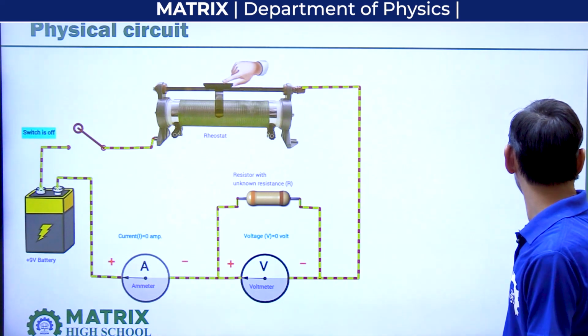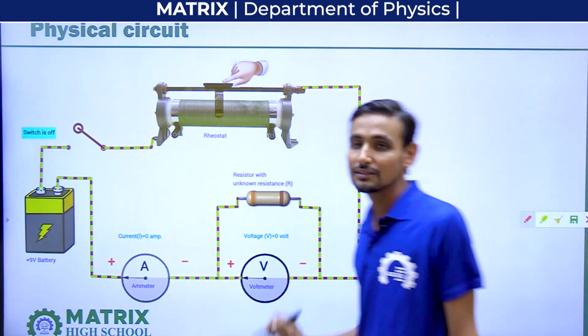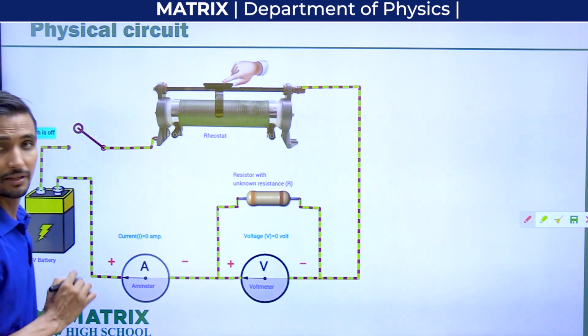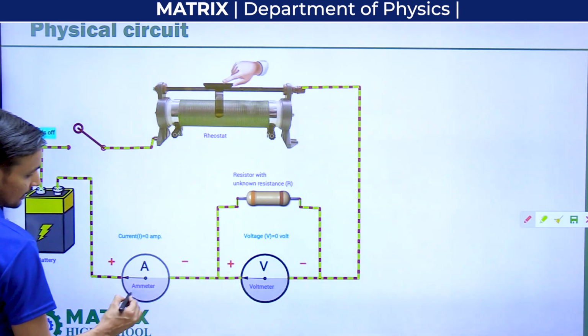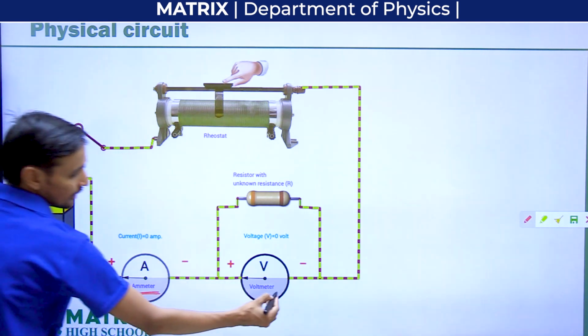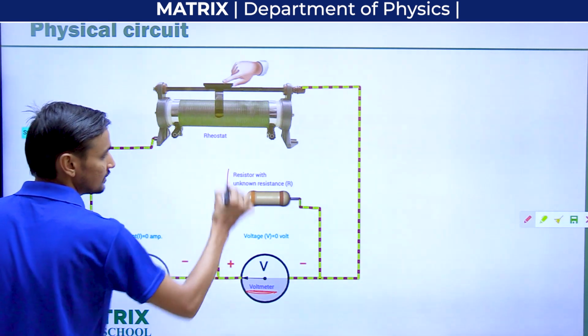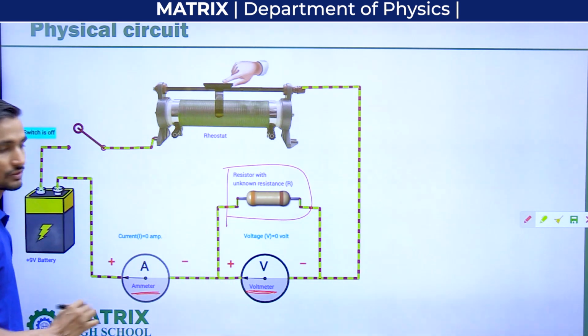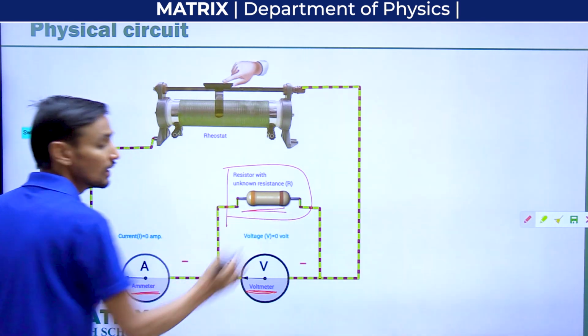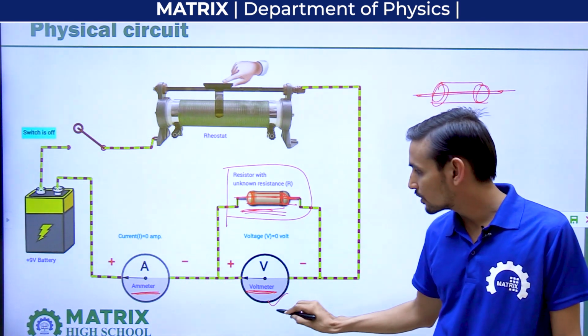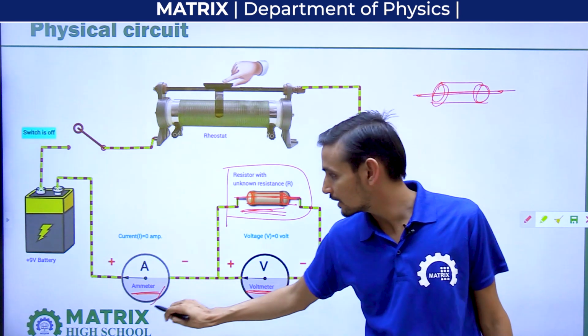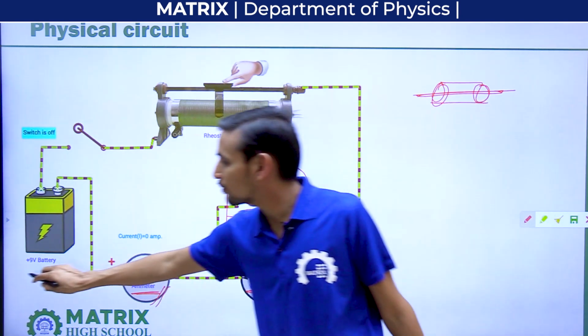This is the physical circuit of the experiment. Here is an ammeter, here is a voltmeter, and this is a resistor with unknown resistance. We have to find the resistance of this. In parallel we have connected the voltmeter, and in series we have connected the ammeter.